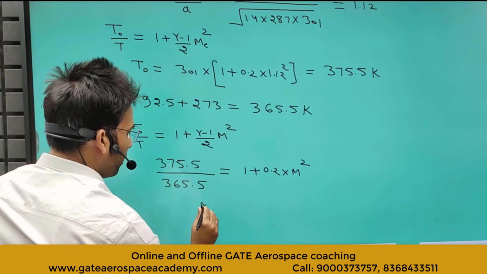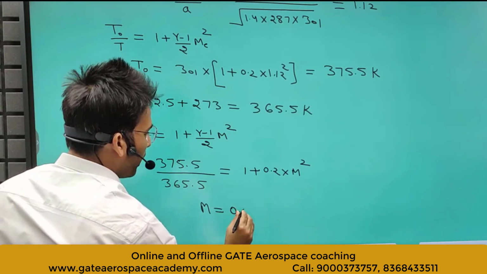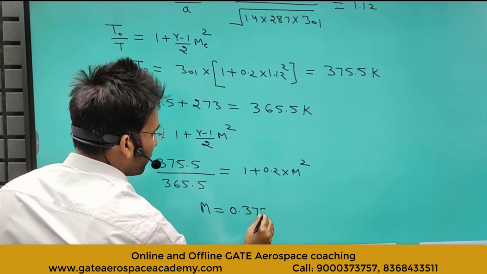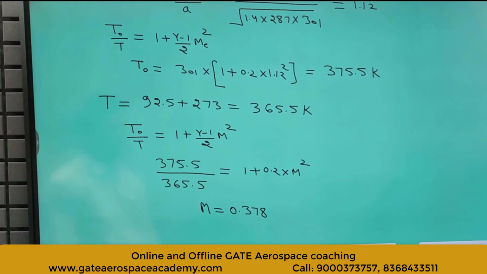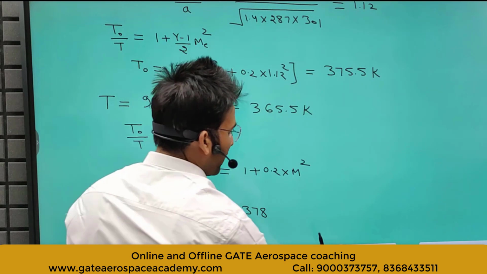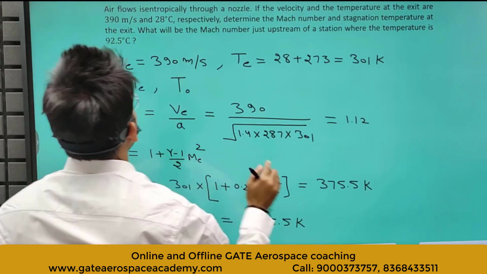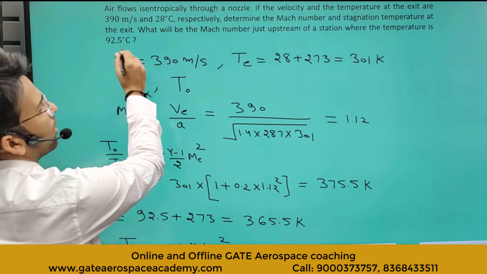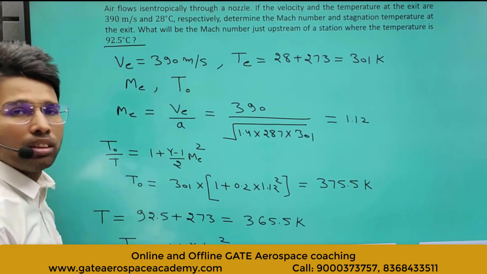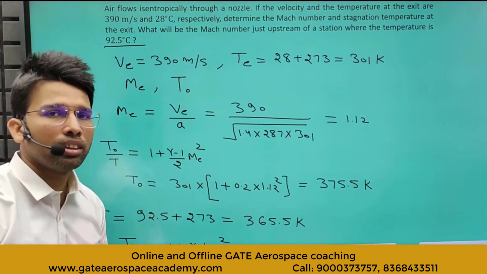So from here we got M is equal to 0.378, right? At that location where static temperature is 92.5 degrees Celsius, here the Mach number is 0.37, right?